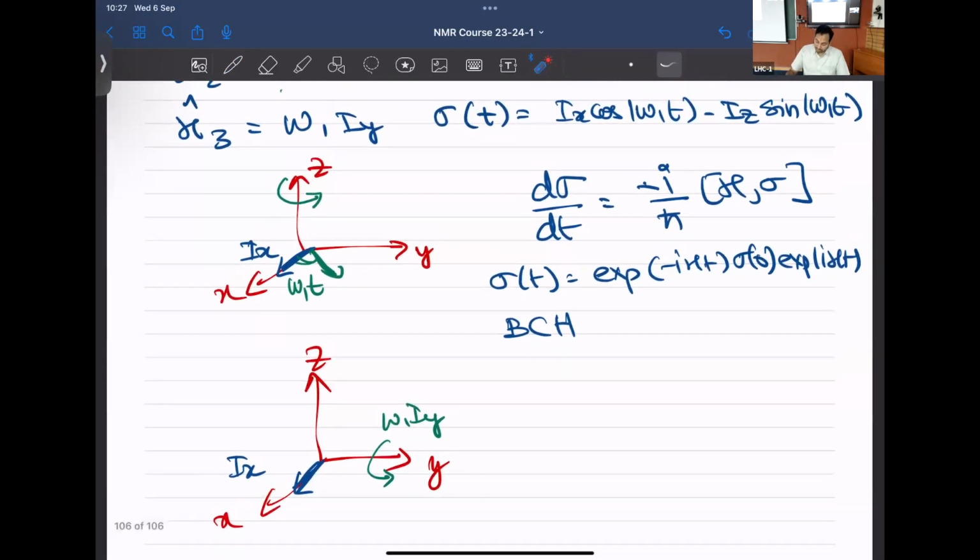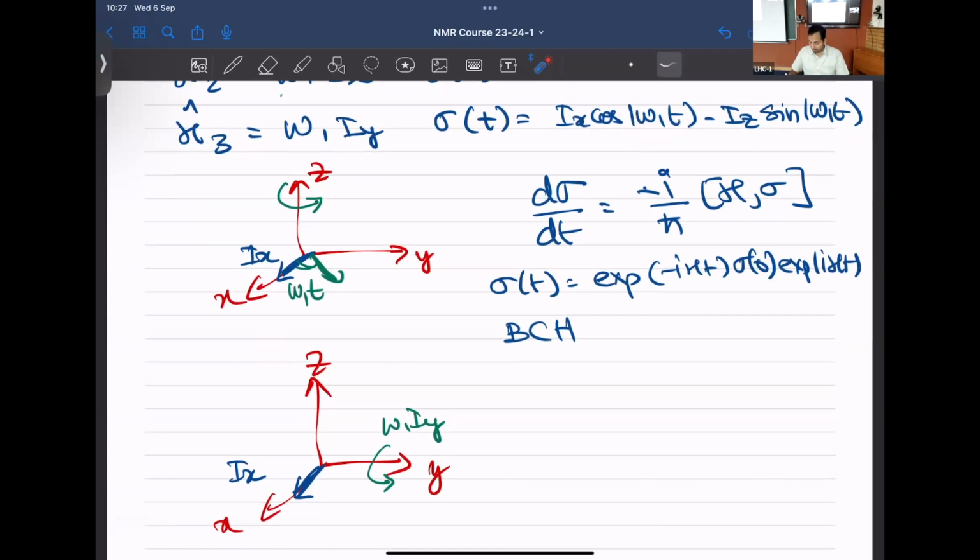Of course, since you do not know how long you're applying the pulse, the omega-1 t will take care of it, such that you're just writing Ix cos omega-1 t minus Iz sin omega-1 t. If you keep having a longer time, Ix would become minus Ix. That will be a 180-degree pulse applied along the Y phase.